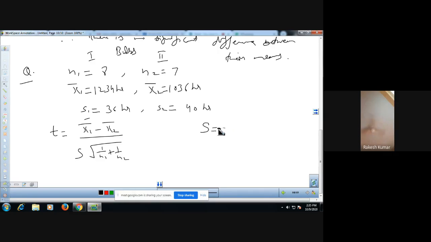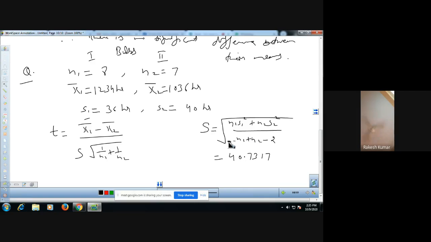So for finding out the value of S, we have another formula, that is the square root of n1 s1 square plus n2 s2 square, divided by n1 plus n2 minus 2. By applying this formula, you will be able to calculate the value of capital S, and it comes out to be 40.7317.